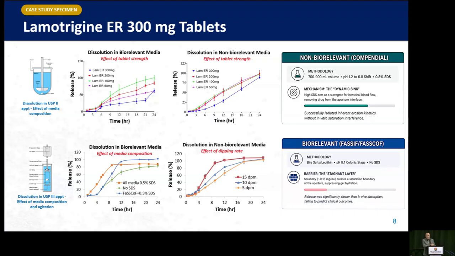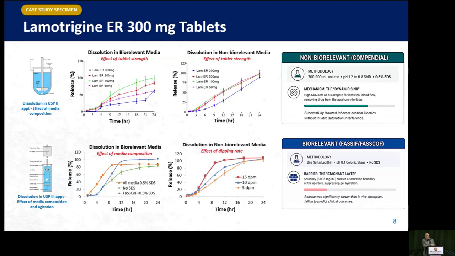And for USP3, we found that the release profile was sensitive to the media composition. If we are using no surfactant in any of the biorelevant media, then we are having almost incomplete release profile.